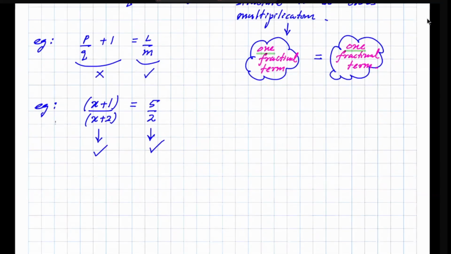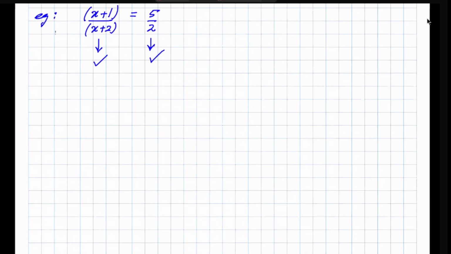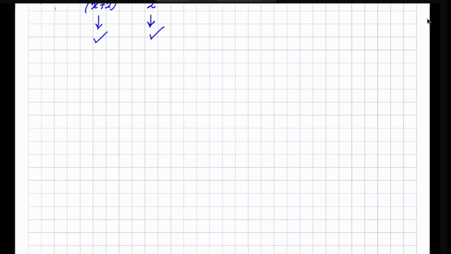Now let's try to understand what cross multiplication means with a few examples. Suppose you have 5 divided by 5 is equal to 2 divided by 2. Is that right? 1 and 1.